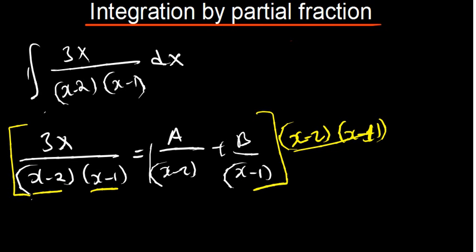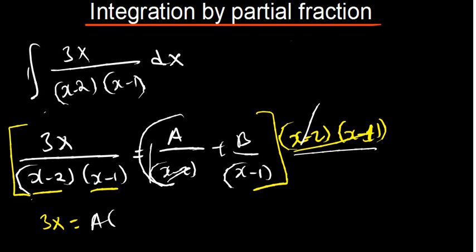So I'm going to have 3x equal to, if I do this part times what is there, this part and this one are going to be cancelled. So I'm going to have a, then I'm going to have only this. The same applies here.